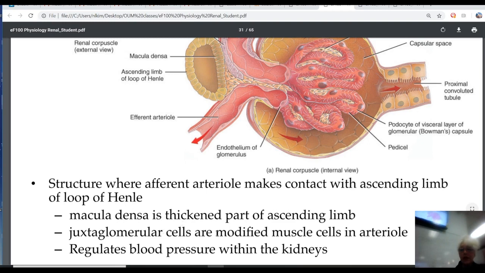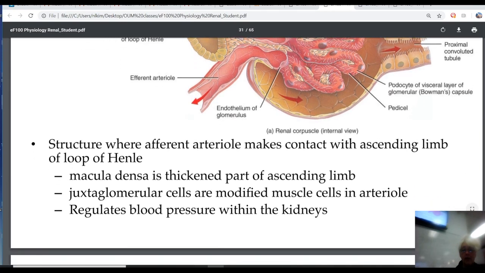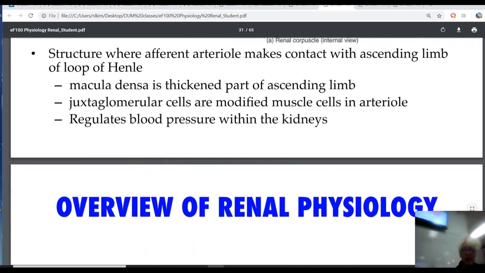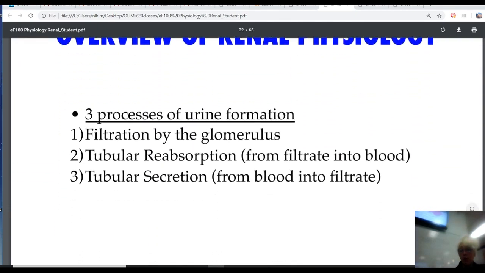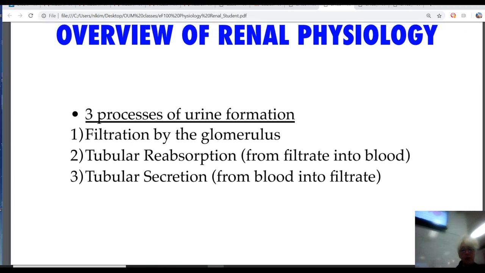So again, we see this Bowman's capsule and glomerulus, where the macula densa is a thickened part of the ascending limb and the juxtaglomerular cells are modified cells in the arteriole itself, which regulate blood pressure. These cells are specific to hormonal regulation and pressure.